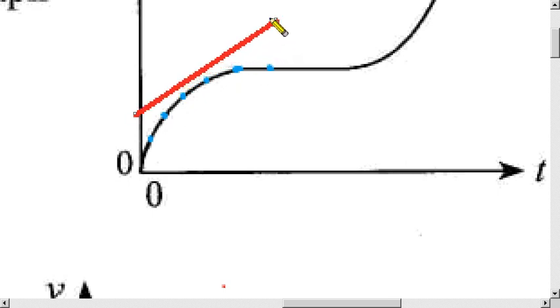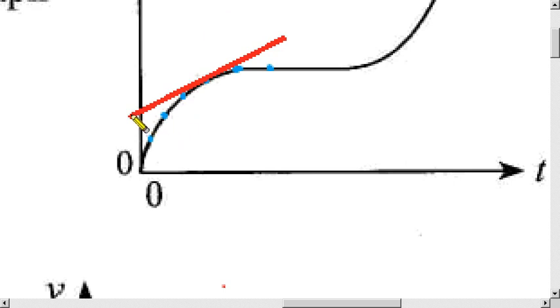If it is like this, it is not symmetrical to this fourth one, because this angle is bigger than this one. So we have to draw the tangent symmetrically to a point. The point should be at the middle of the tangent. So the gradient you have to measure like this.